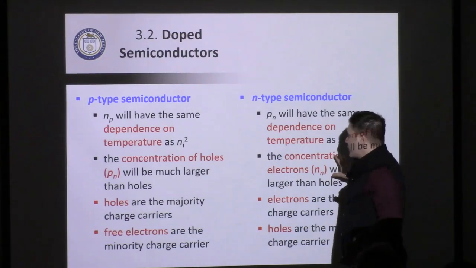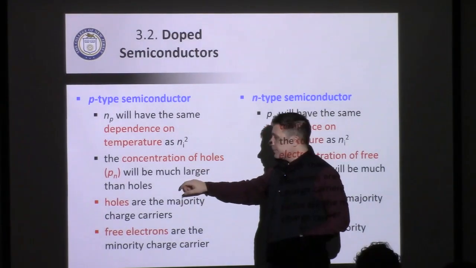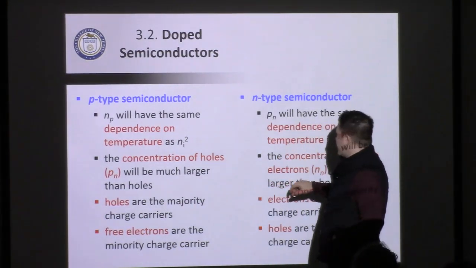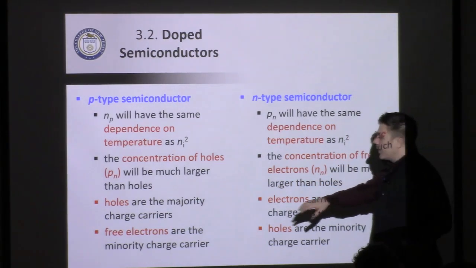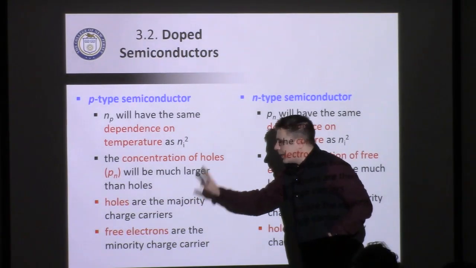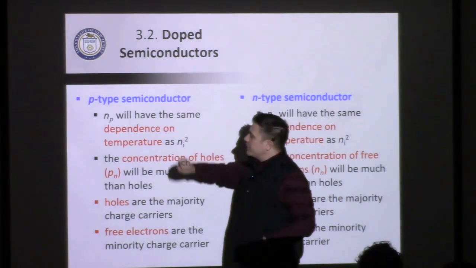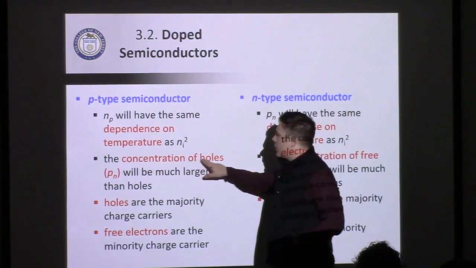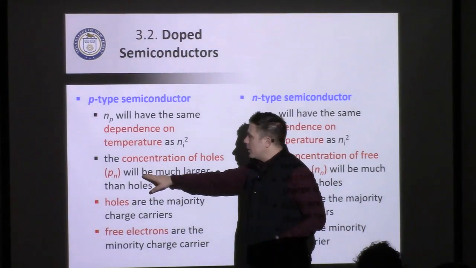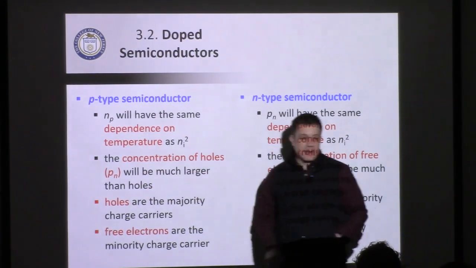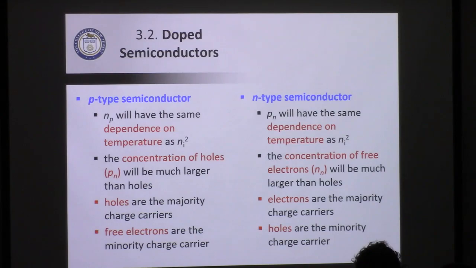Let's go in order. Okay, so for the p-type doped semiconductor, the concentration of holes will be much greater than electrons.